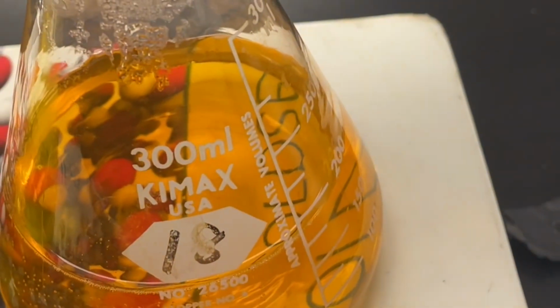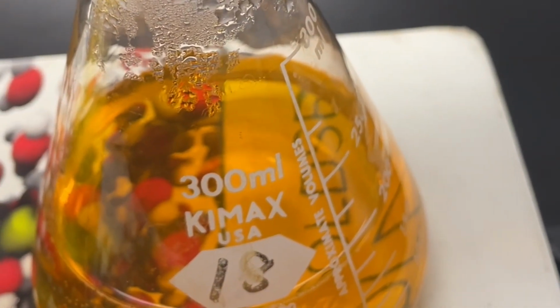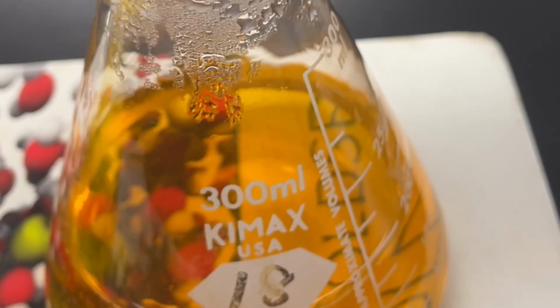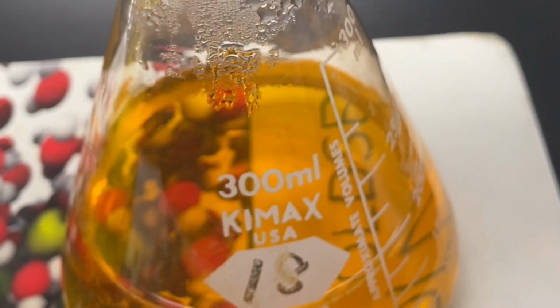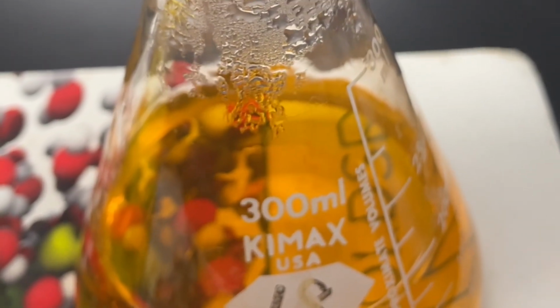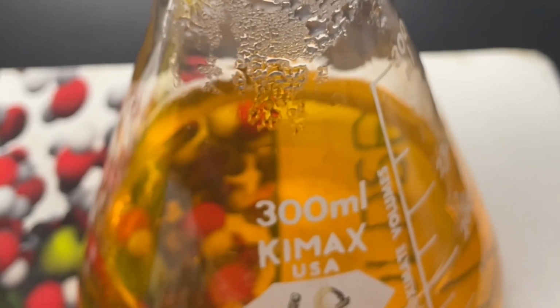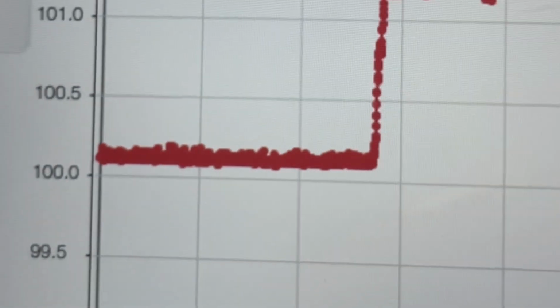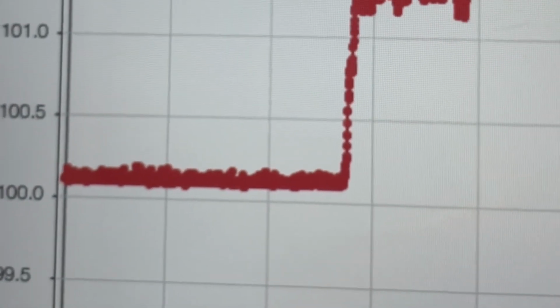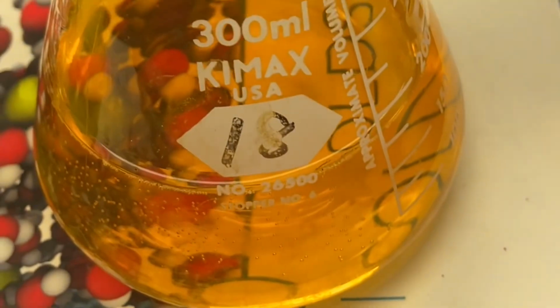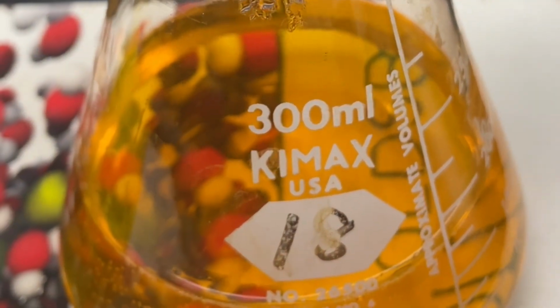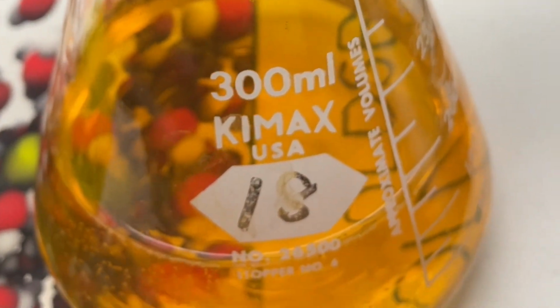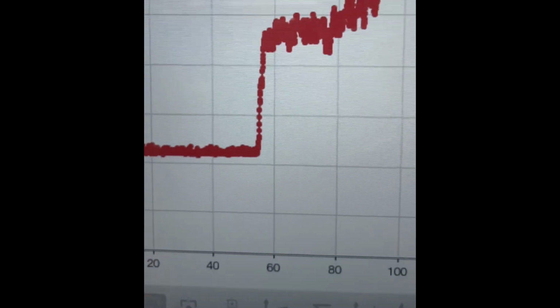So that's the pressure over the surface of this hot liquid. What's happening is the hot liquid, some of that liquid is converting to gas, and that gas has increased the pressure on the inside significantly.